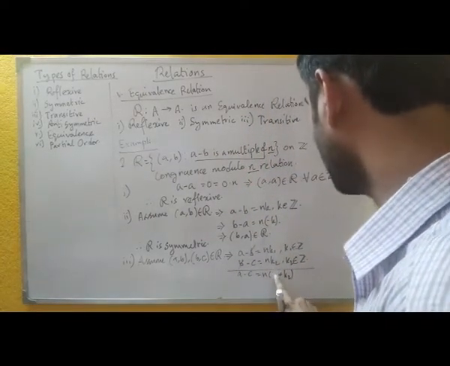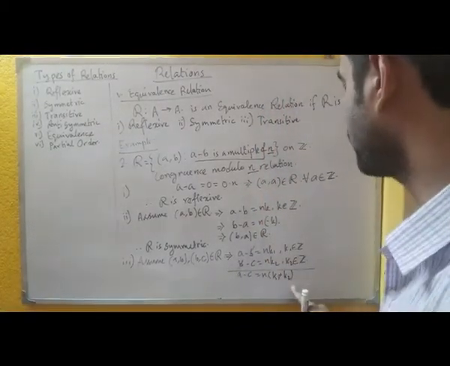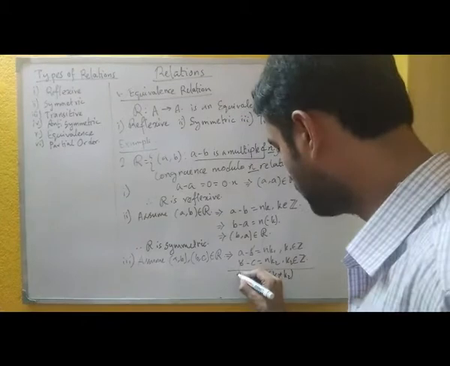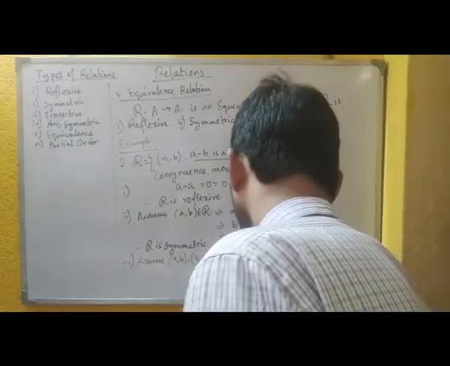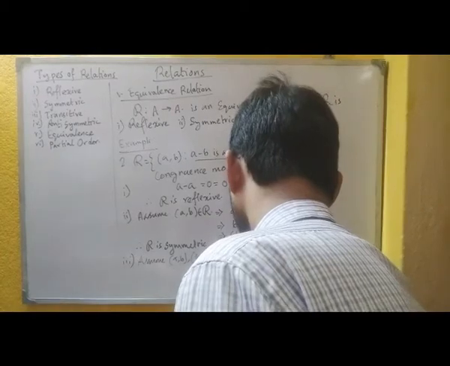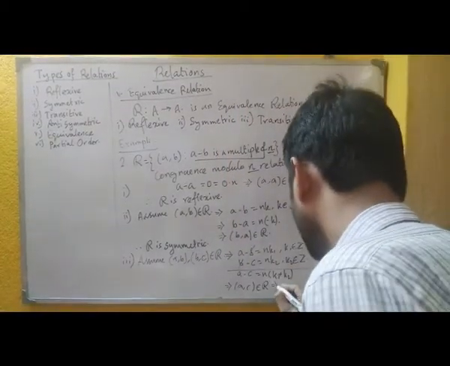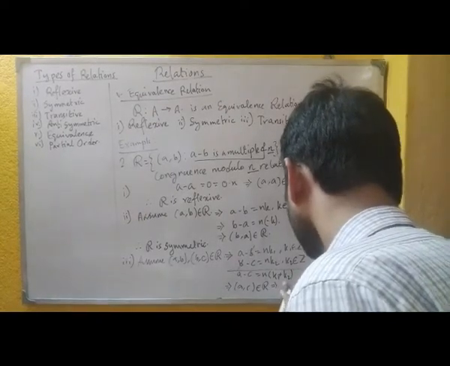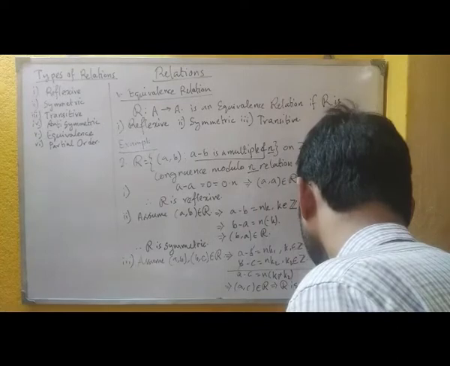And since k1 and k2 are integers, we can say that k1 plus k2 is also an integer. So a minus c is a multiple of n. So from here we can write that (a, c) belongs to R, and this implies that R is transitive.